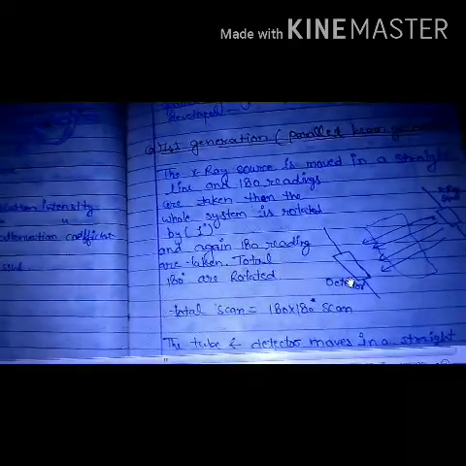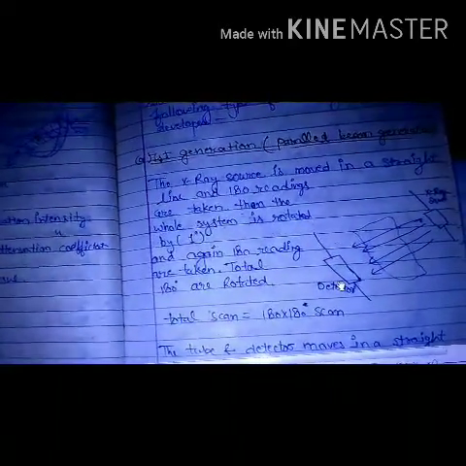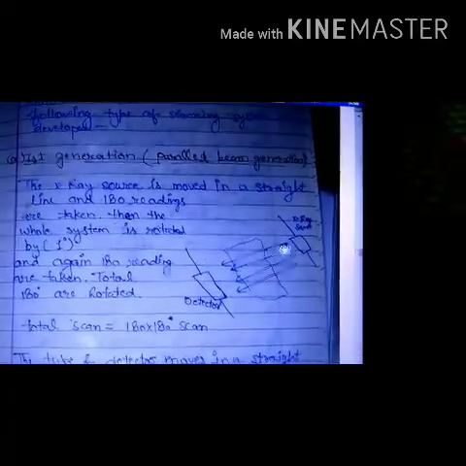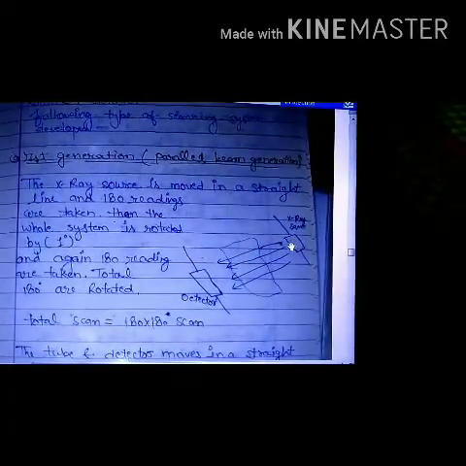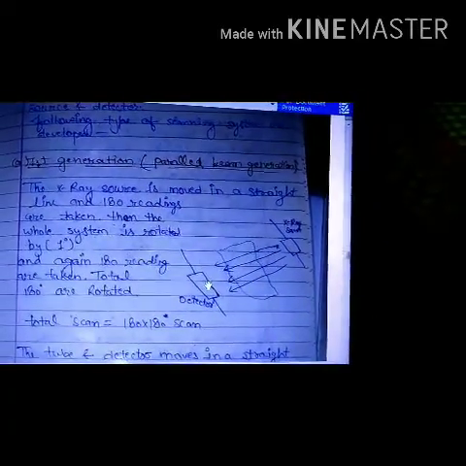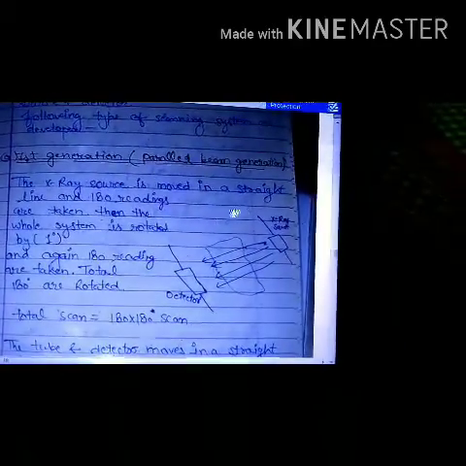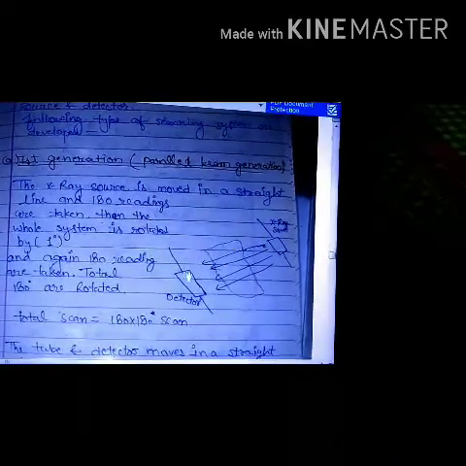The particular body part which was to be scanned, the human, was laid on a particular table. Then at a particular angle, X-rays were focused on the body and 180 readings were taken. That is, 180 times it was observed what is happening in that part.